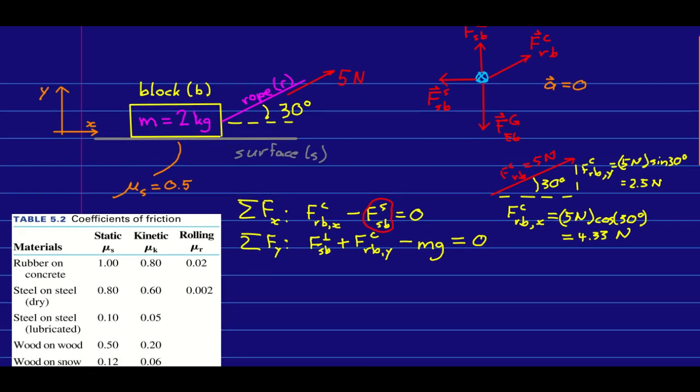And so there we see that we just, as I explained, solve for the static friction out of the equation of motion. It ends up just being, its magnitude in this case, is equal to the x component of the force that the rope is exerting on the block, which is just 4.33 newtons.